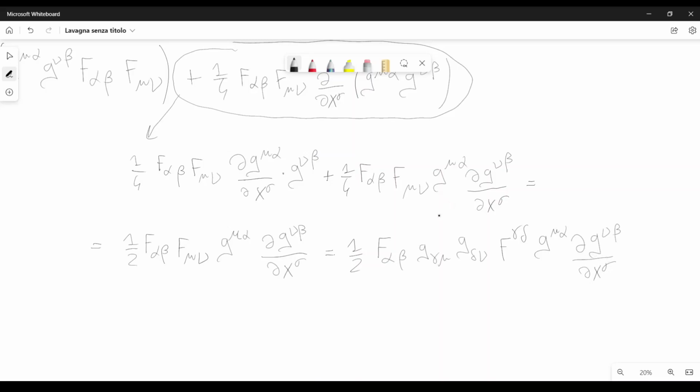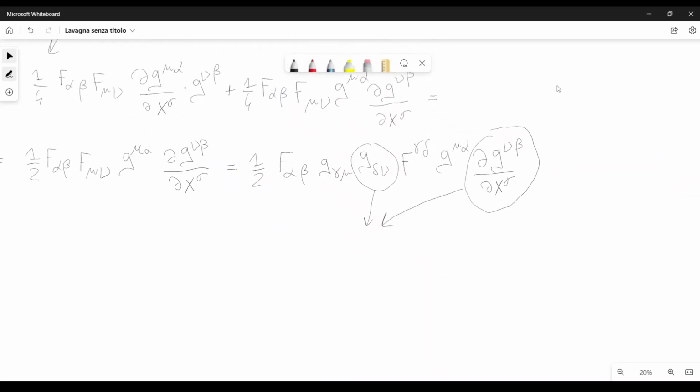So I've simply written F mu nu like this, and you can see that those expressions are of course the same. Now we can put this one together with this one. So we can multiply those two together.